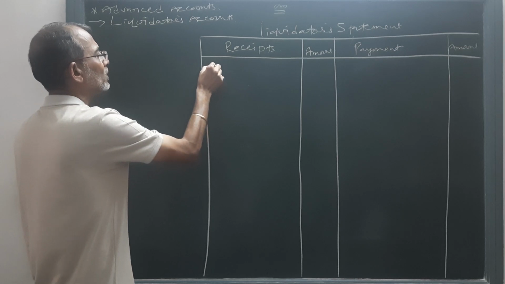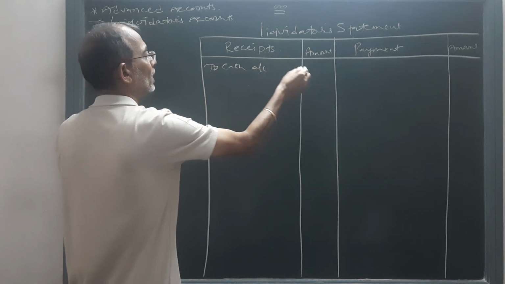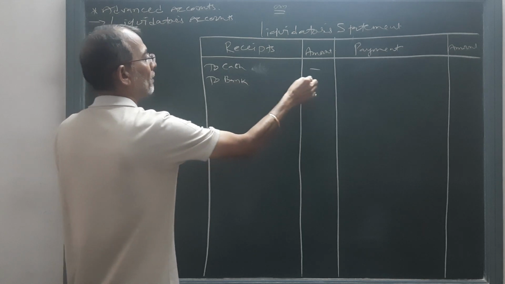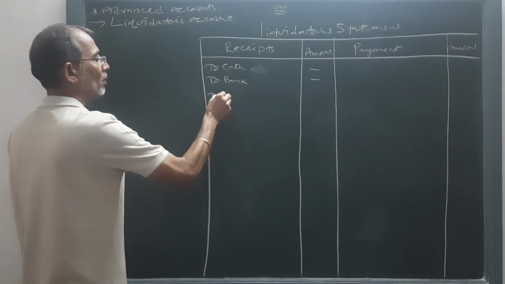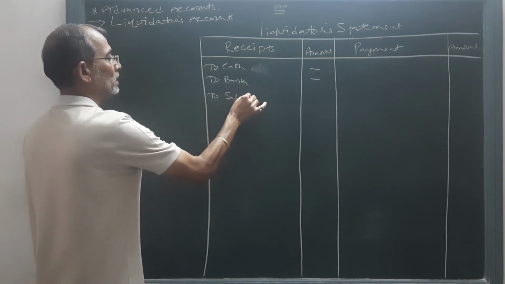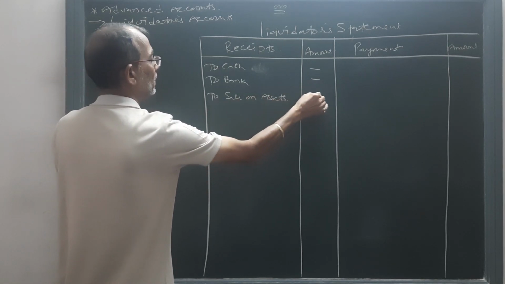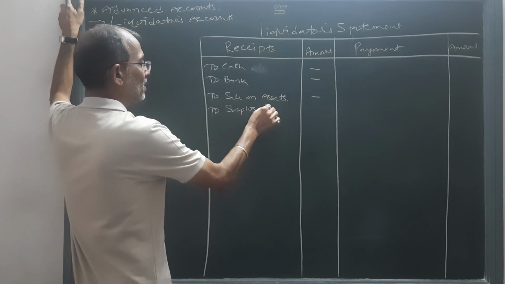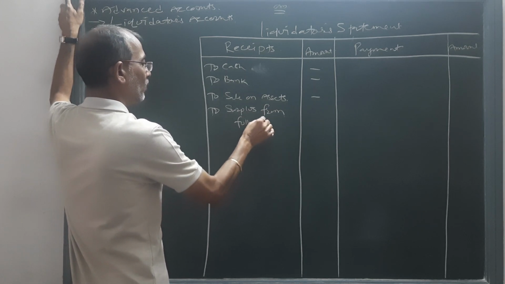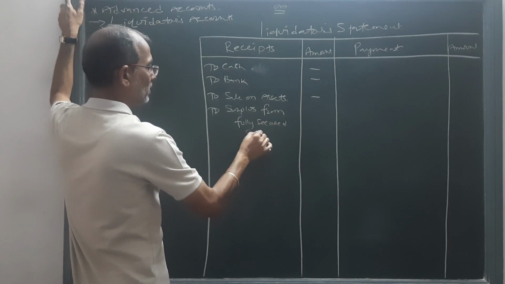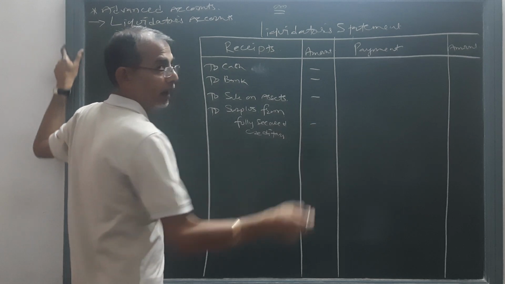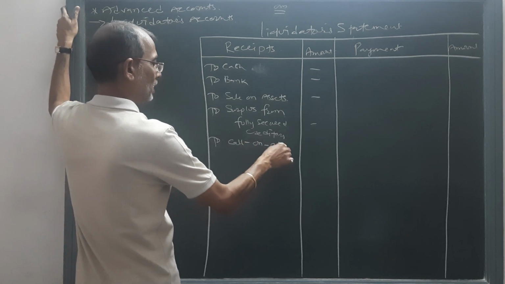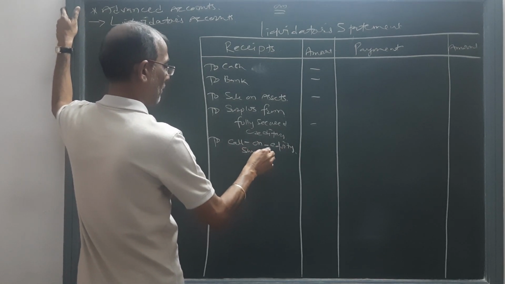First of all, he will write: cash, bank, sale of assets, surplus from fully secured creditors, and call on equity shares.